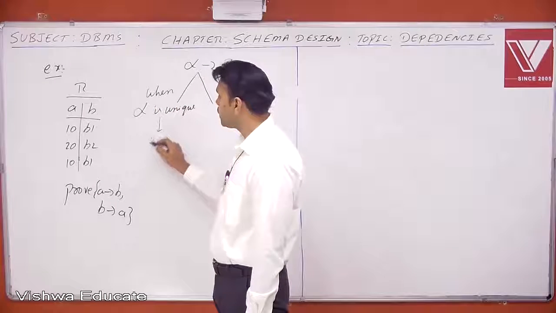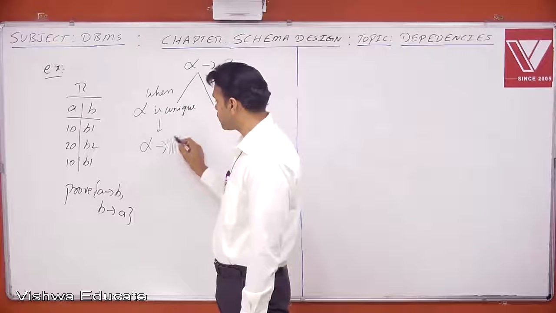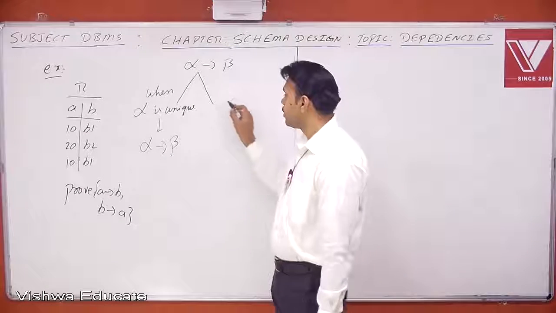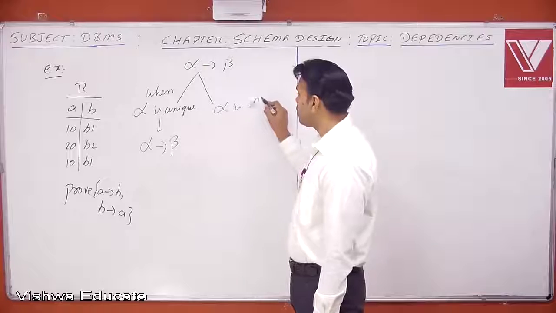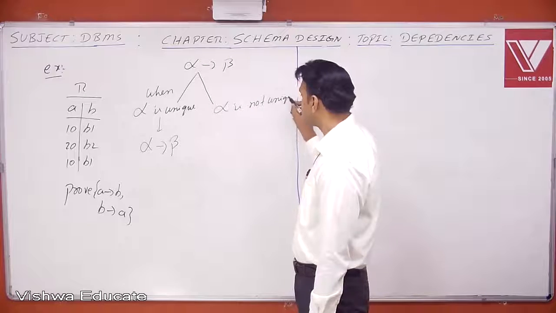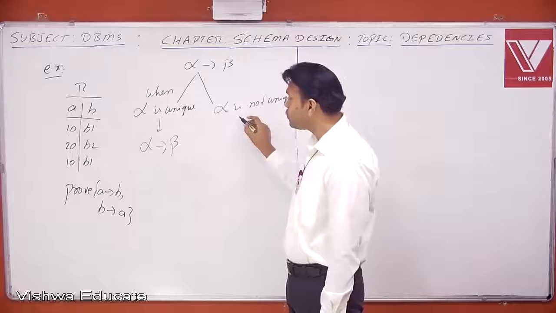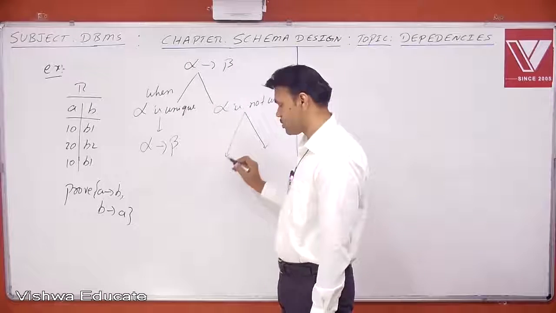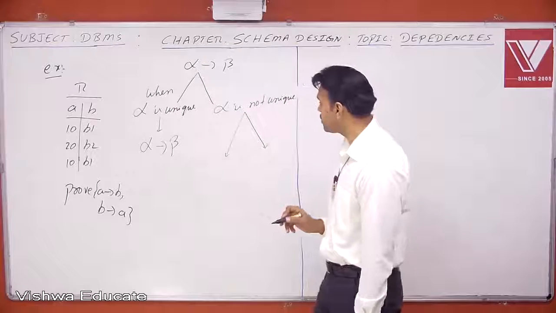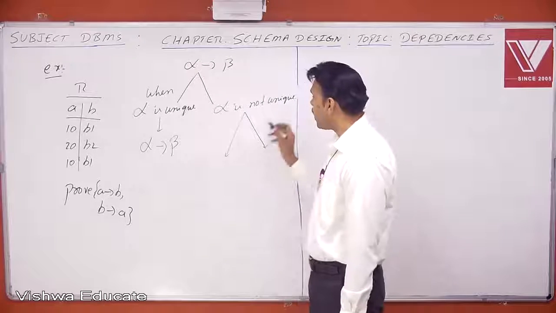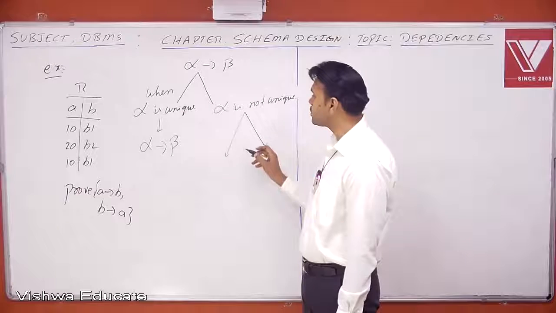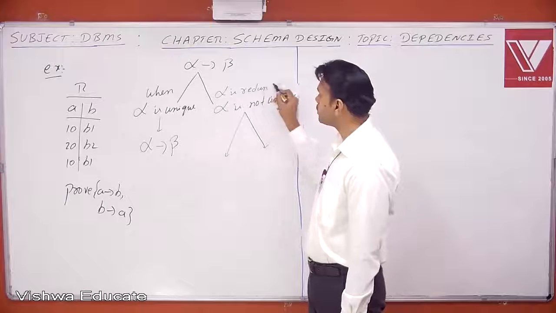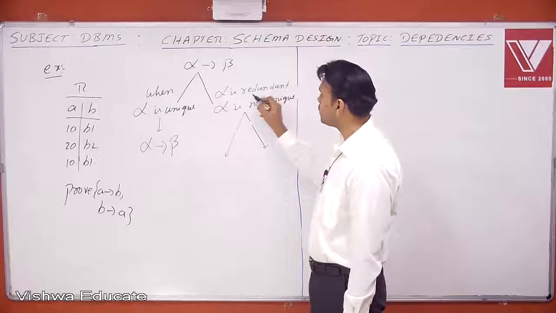When alpha is unique, you can blindly say alpha gives beta. When alpha is not unique, you need to be very careful. Alpha not unique means alpha is redundant.